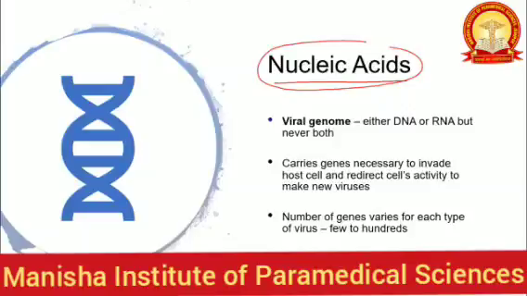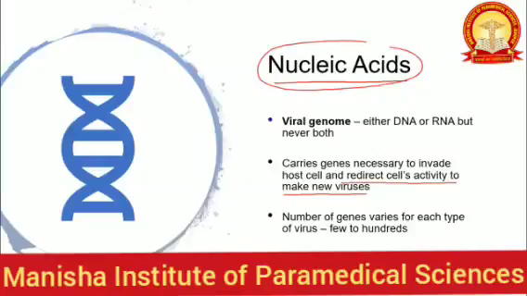They carry genes necessary to invade the host cell, and then they simply redirect the cell's activity to make new viruses. So the virus's job is not to do everything on its own. That's why a virus is very simple, very lightweight and very small, because they don't need to carry proteins inside.